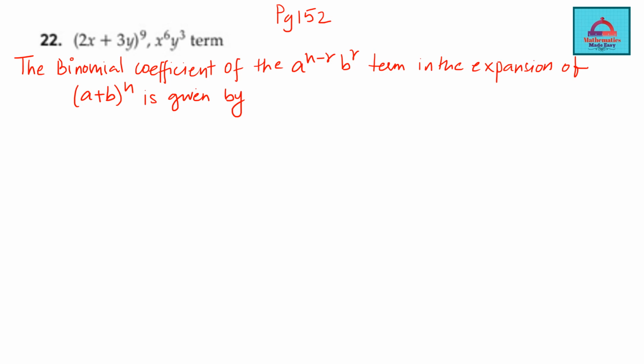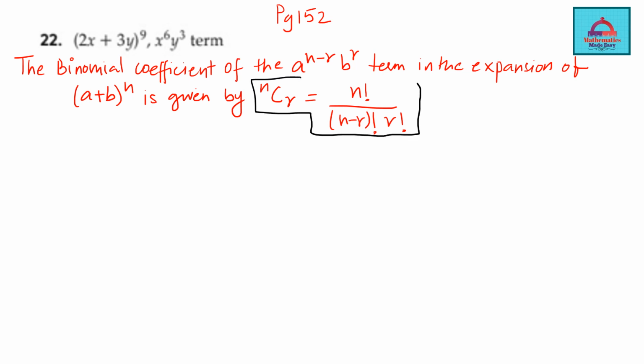So this is a formula you have to remember, nCr. So we are using combination, we are selecting r out of n outcomes. So n factorial over n minus r factorial times r factorial. Okay, so this is the main key concept that is going to help you for solving the question.